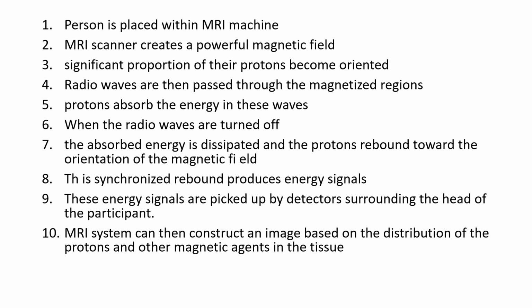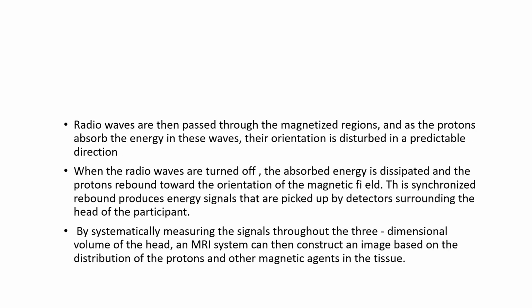This synchronized rebound of several protons produces energy signals. These energy signals are picked up by detectors surrounding the head of the participant. By systematically measuring the signals throughout this three-dimensional volume of the head, the MRI system can construct an image based on the distribution of protons and other magnetic agents in the tissue.